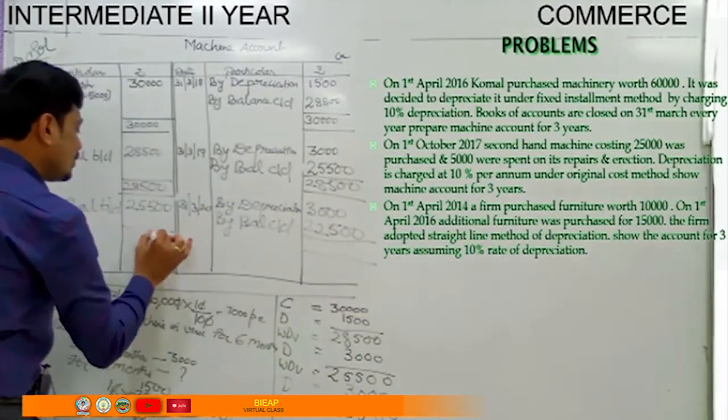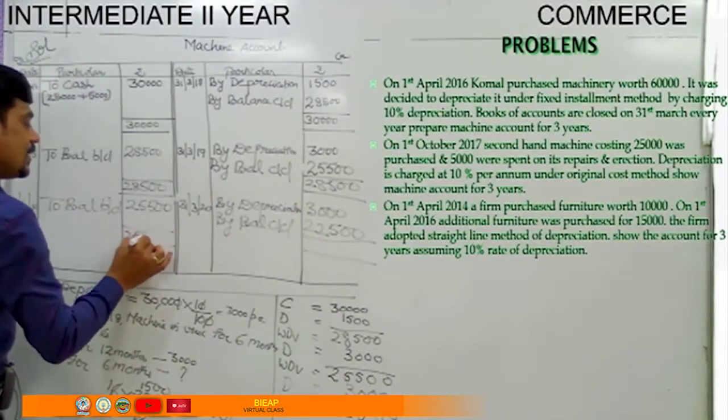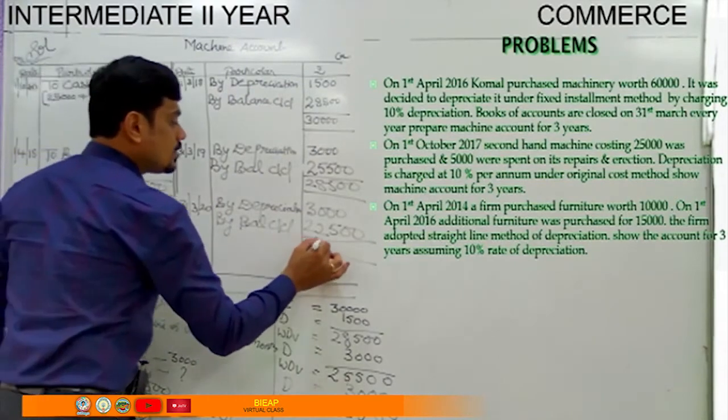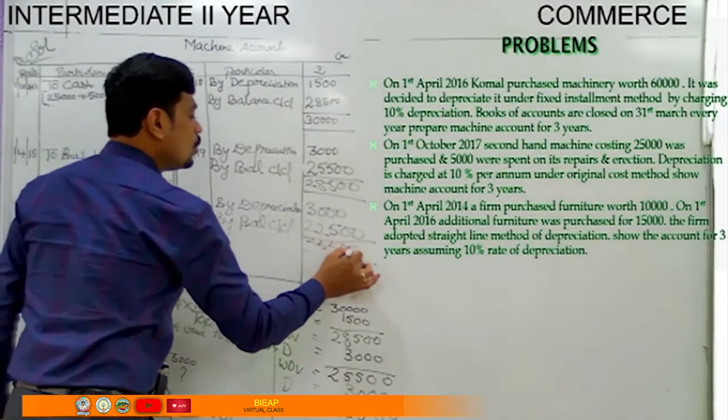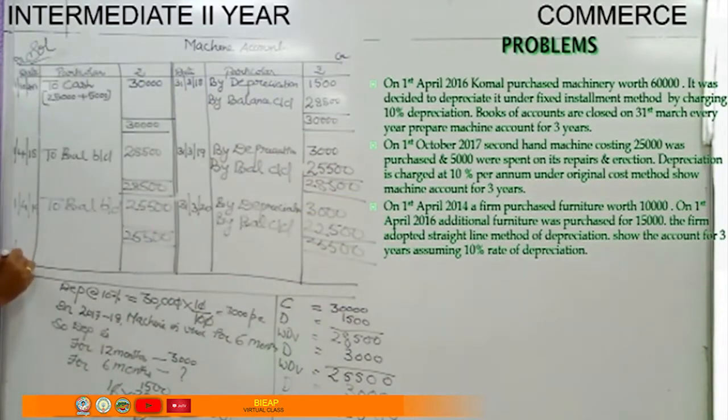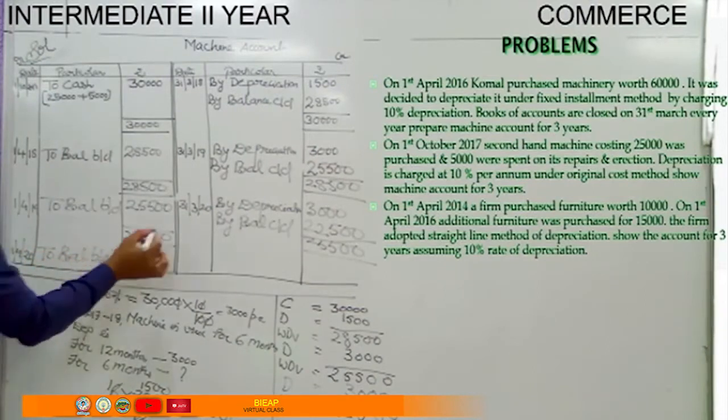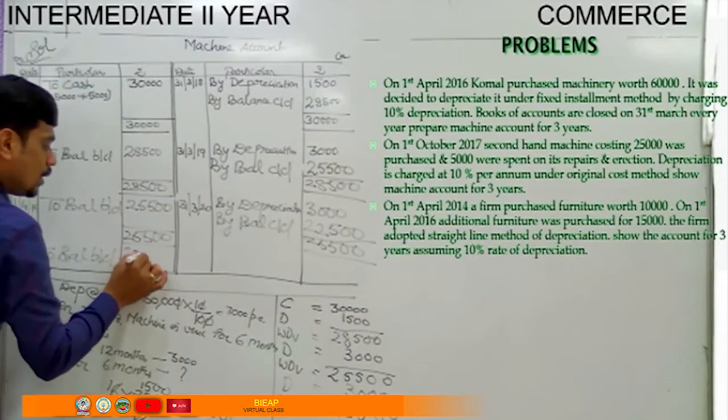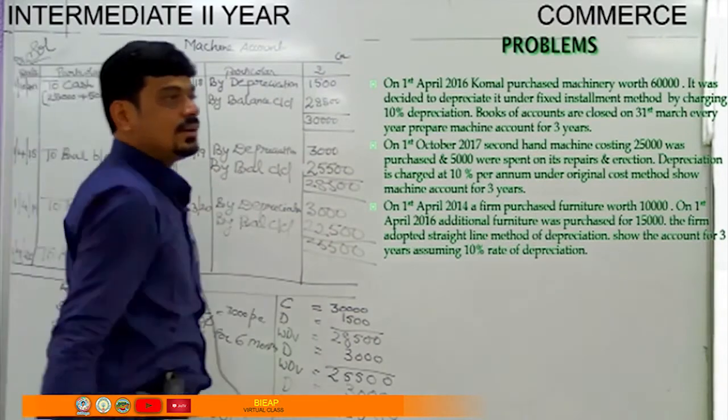Close the account. They asked you for 3 years, and we have done it for 3 years. What are we supposed to do now? We have to give the balance in the 4th year. 1st April 2020, to balance brought down, 22,500.